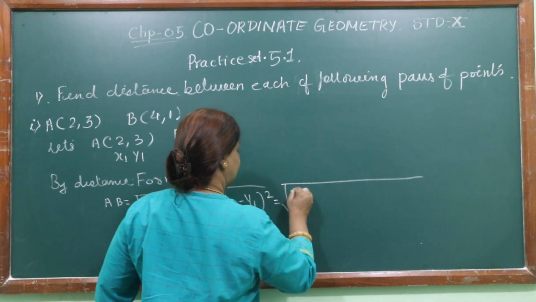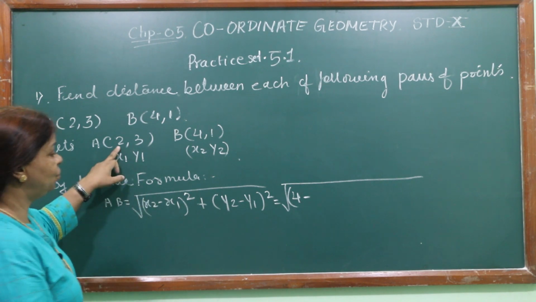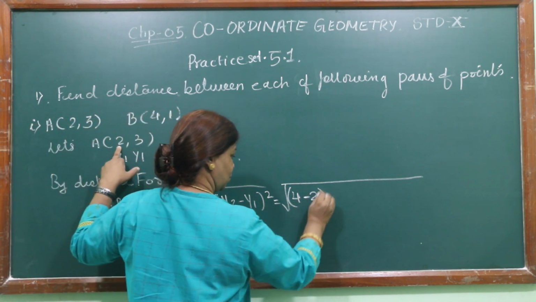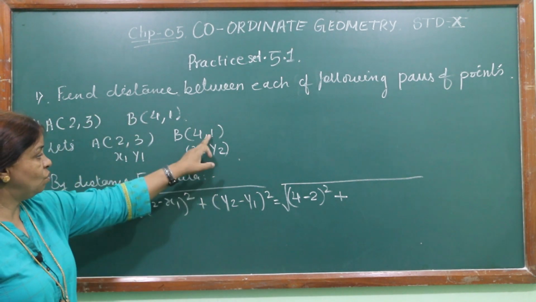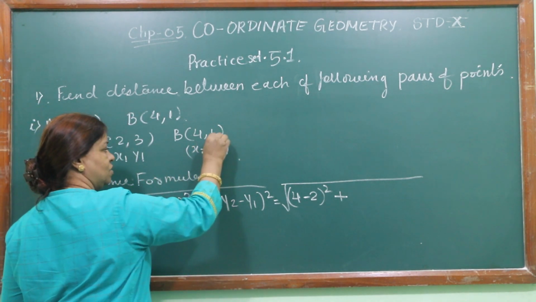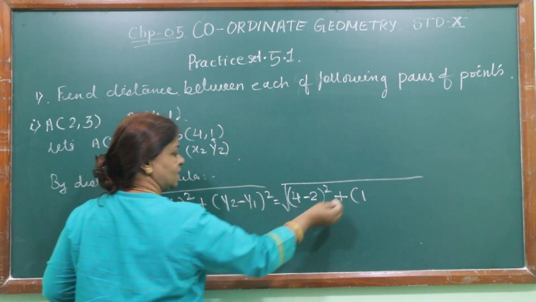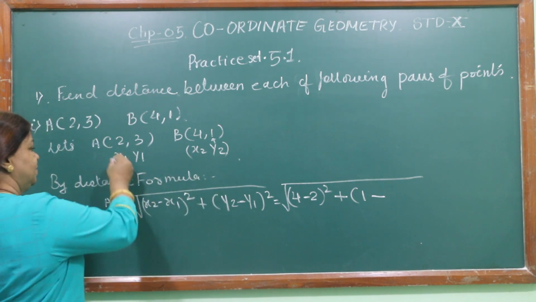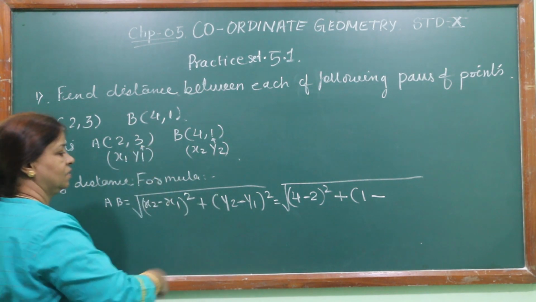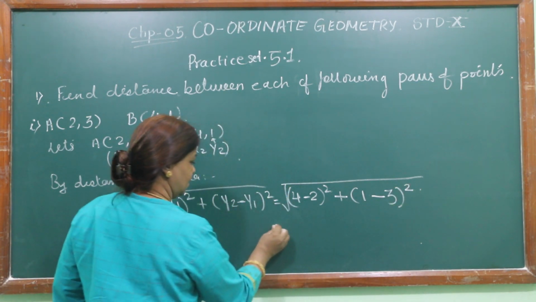So 4 minus, what is x1? 2, the whole square plus y2. What is y2? 1. See, y2 is 1. So 1. Then what is there? Minus. So minus y1. What is y1? 3. So 1 minus 3 the whole square.